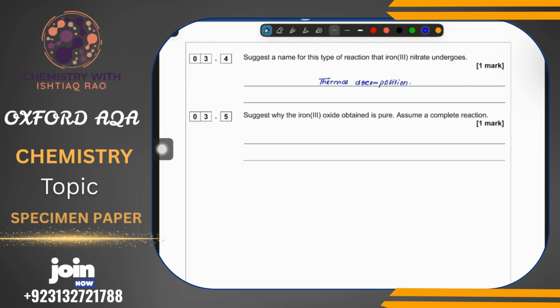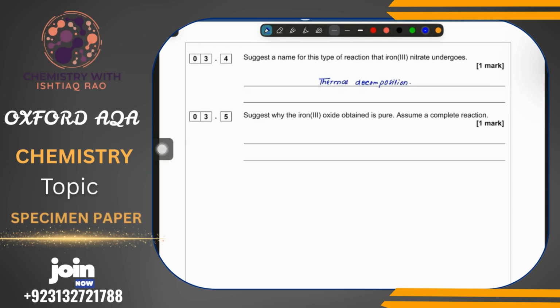If you have one solid and two gases, this is good and easy to separate. So because all the other products are gases, I can say that yes, the iron 3 oxide obtained is pure. You can separate iron oxide easily because the state is different.